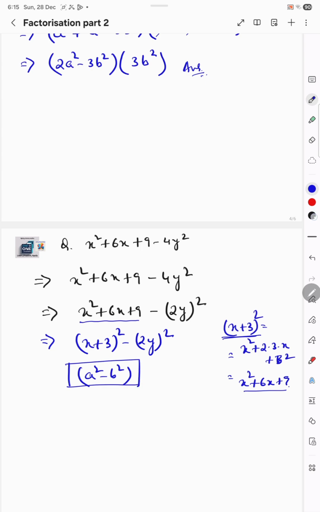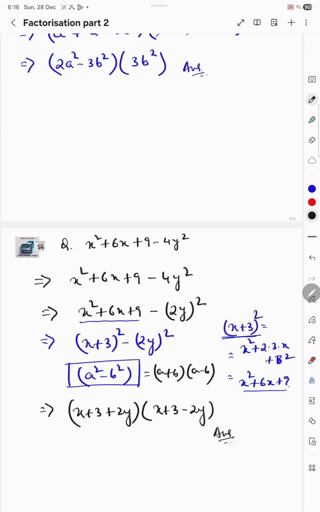So we'll apply the formula. So we will get, this is a plus b into a minus b. So here we'll get x plus 3 plus 2y into x plus 3 minus 2y. So this will be our answer.